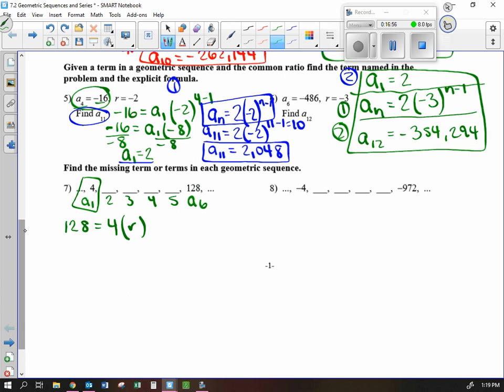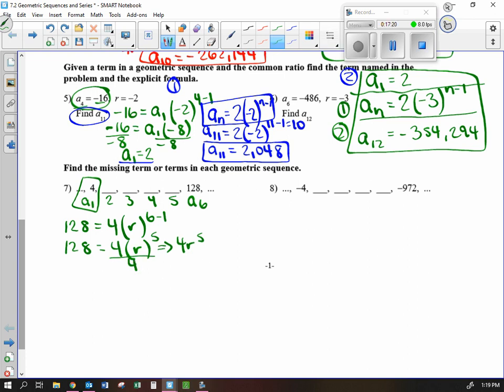Our term is 128, so what is the value of n? Well, it's 6, so 6 minus 1. Now let's simplify this. We have 4 times r, and this is to the 5th. I could rewrite this as 4r to the 5th.